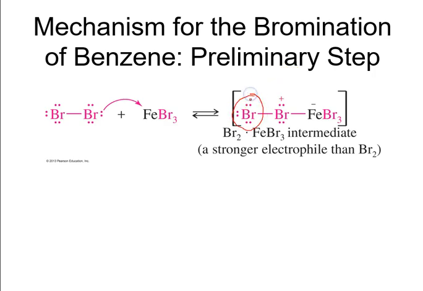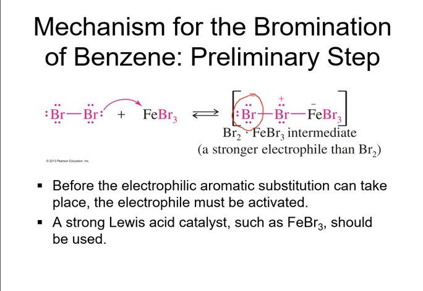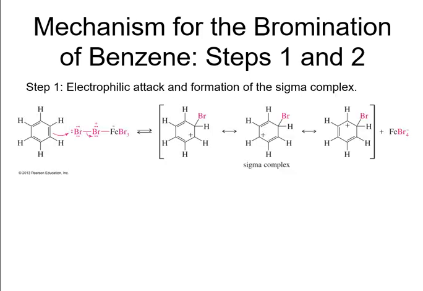That becomes very electrophilic. Just to reiterate, before the electrophilic aromatic substitution can take place, the electrophile must be activated. A strong Lewis acid catalyst such as FeBr3 should be used. So here we go with the mechanism.